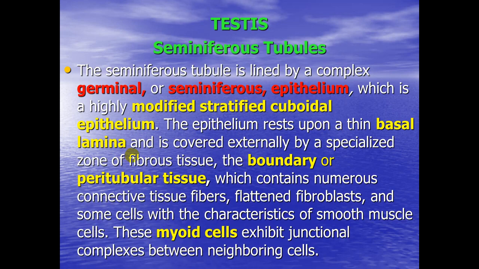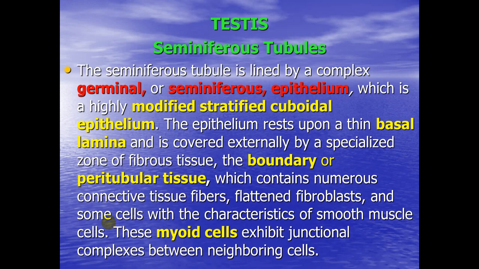And under the basal lamina is the peritubular connective tissue, loose connective tissue with collagen fibers, and cells of the loose connective tissue like fibroblasts, mast cells. And then the outer layer of these seminiferous tubules are myoid cells.